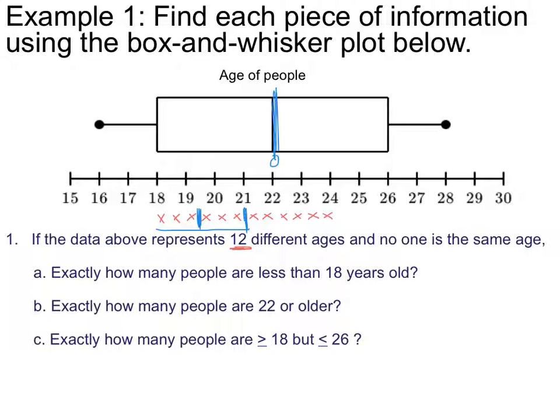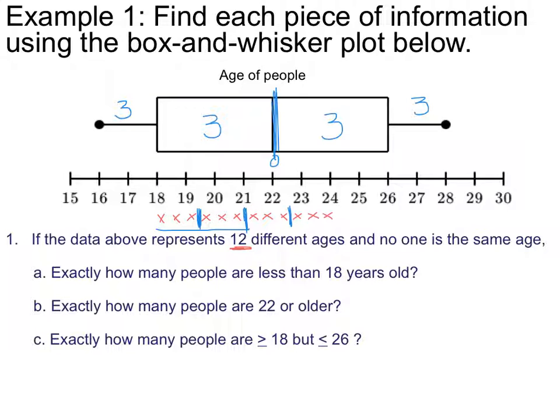That means you've got 3 ages in this part of the box, 3 that would be the whisker, and then your upper quartile is going to reflect what your lower quartile did. You have 3 in the upper part of the box, and then 3 from your upper quartile to your maximum. If you add it up, 3 plus 3 plus 3 plus 3 is where the 12 comes from.